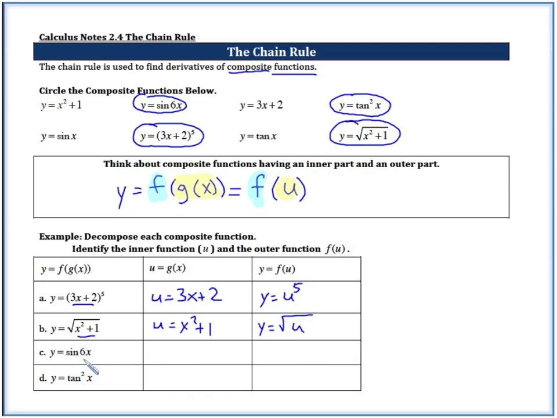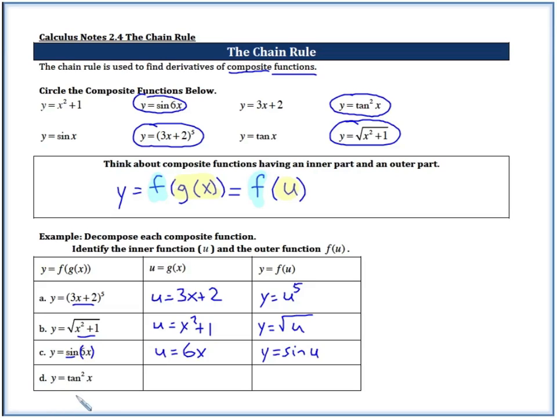In our next one, y equals sine of 6x. So the 6x actually is our inner function. So u equals 6x. And then the outer function is going to be sine. So y equals sine u.